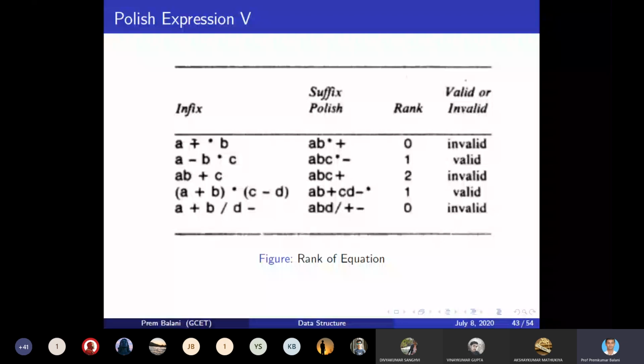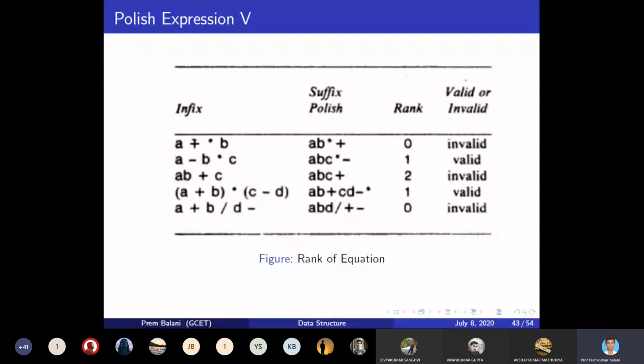You can look at all those expressions having a value other than 1 as rank; they are invalid expressions. See, a plus star b, such an arithmetic expression cannot be evaluated, right? So that's why it's invalid.